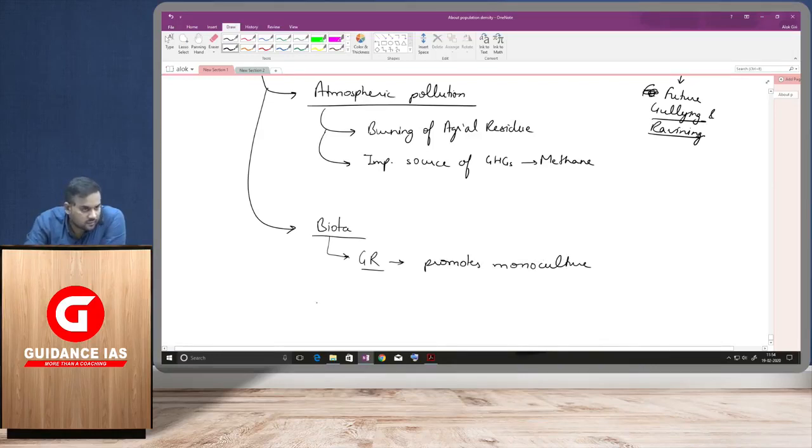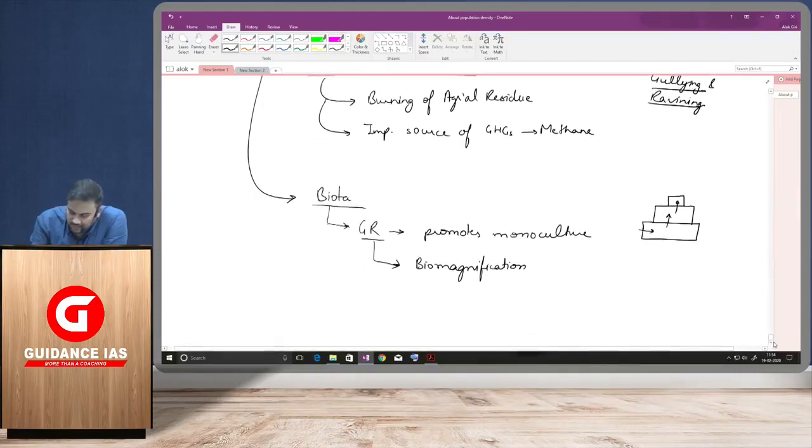Also, you can understand other problems which are there, like the phenomenon of biomagnification. You know about the food chain. If you are using harmful chemicals here, these chemicals will not break down and they would go from one part of the food chain to the other. This is referred to as the problem of biomagnification. It is a very, very common problem related with agricultural activities.